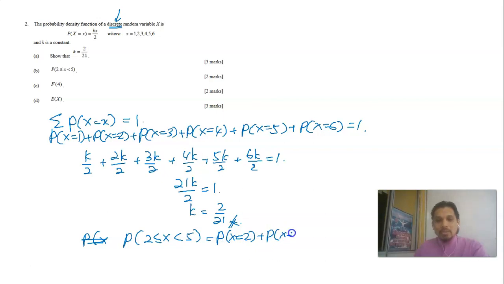Then x equals 3 and x equals 4. Does it include 5? It's less than only, right? So it stops at 4 here now. Where k equals 2 over 21. Probability of x equals k, which is 2 over 21 times x divided by 2.